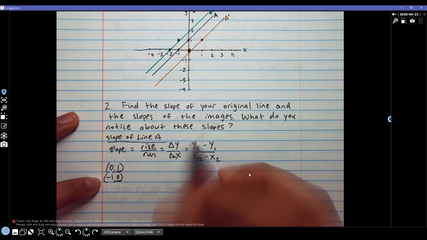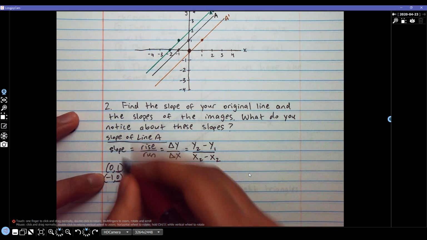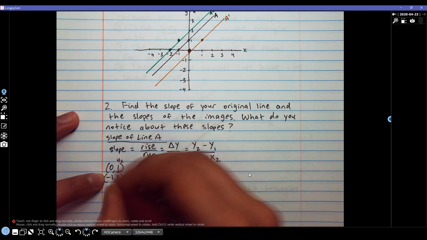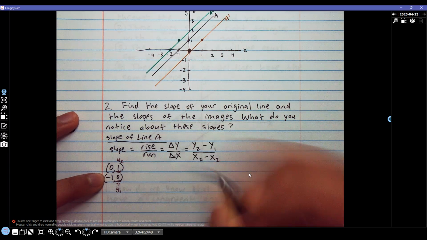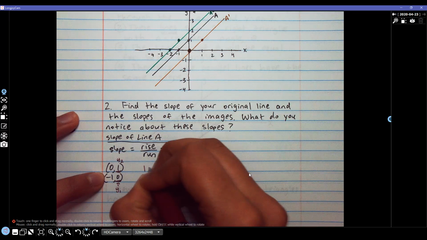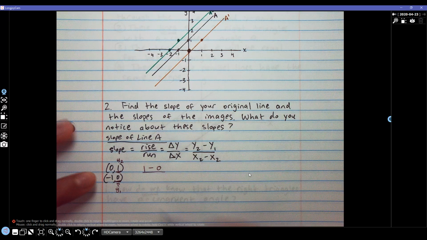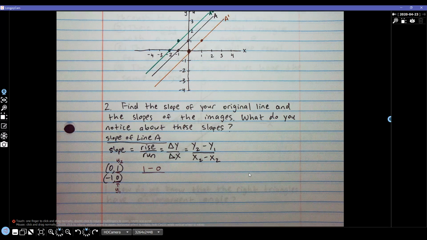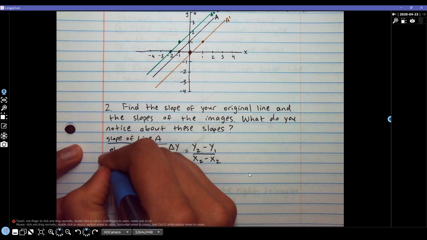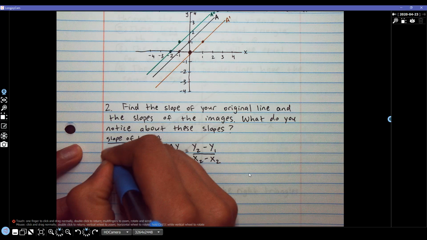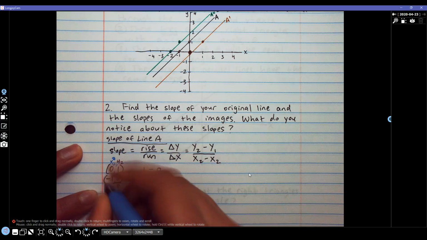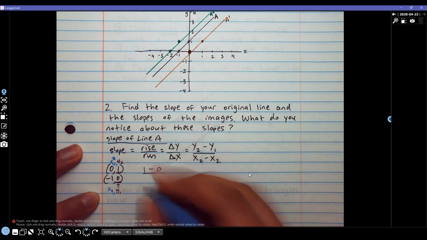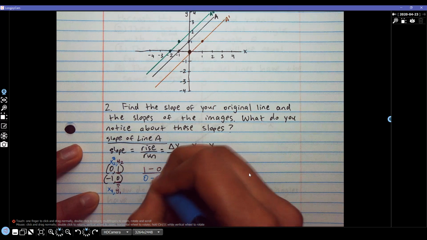So I'm going to just label this one as my y2, and we'll call this one my y1. So 1 minus 0, that's y2 minus y1. And then I'll label this as my x2, and then my x1 over here. So this one will be 0 minus a -1.